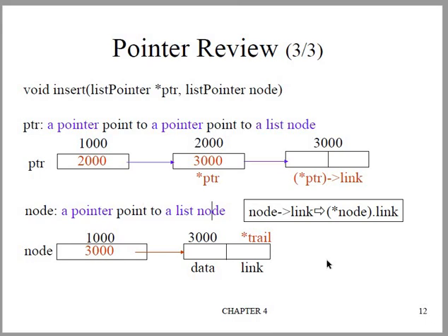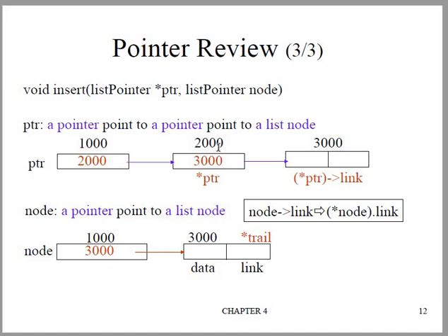Now if you want to insert a node between two nodes, how can we do that? Assume that you have two nodes, 2000 and 3000. In between, if you want to insert, what we have to do: the first node's link will already be there.